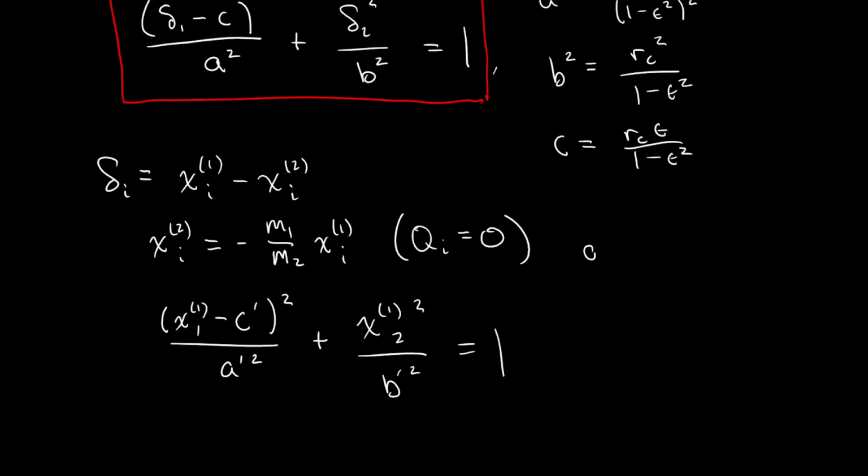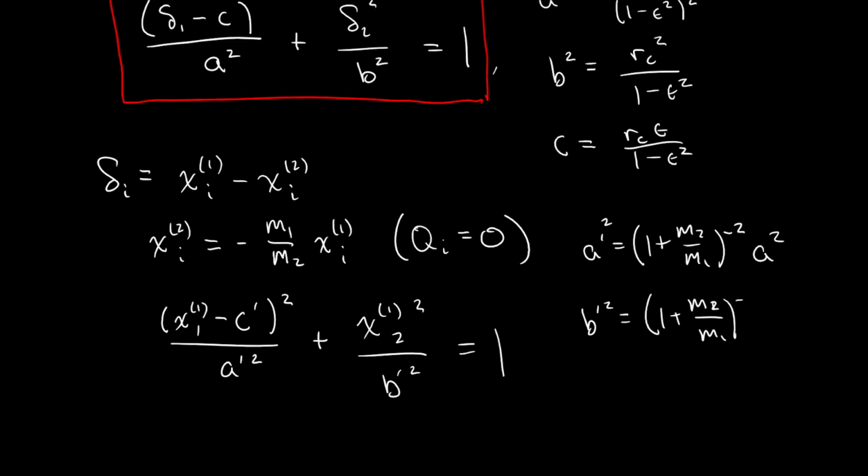Where here, a prime squared is 1 plus m2 over m1 to the minus 2 times a squared, b prime squared is 1 minus m2 over m1 to the minus 2 times b squared, and c prime squared is 1 plus m2 over m1 to the minus 2 times c squared.